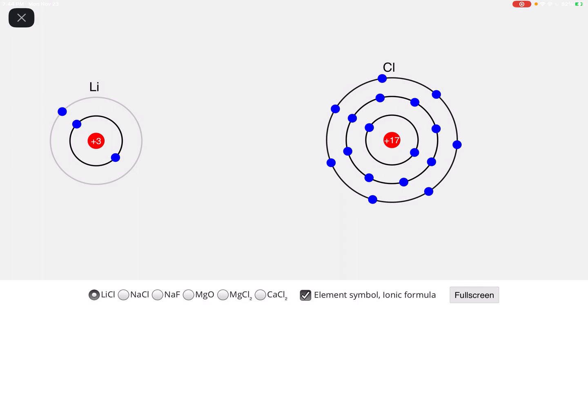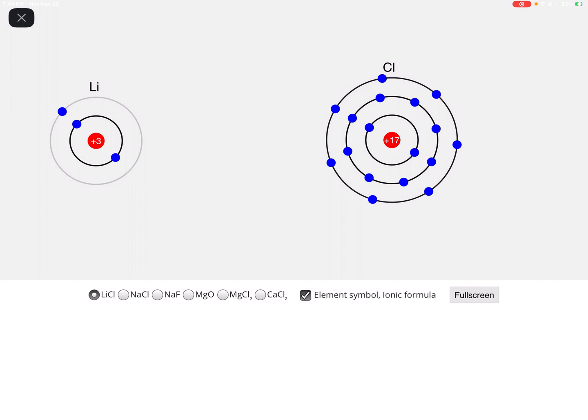And if we look at the chlorine atom on the right, it has in its outermost level, its third energy level, 7 electrons. Remember, it's in group 7A or 17, and it is going to take in an electron to have 8, and it can get that electron from lithium. All right, and they both want to become stable.